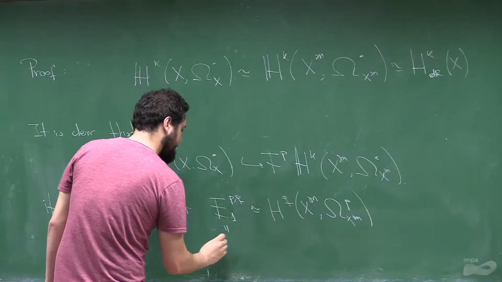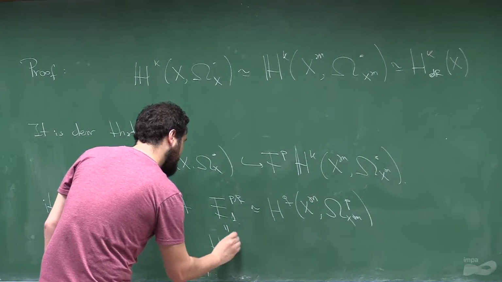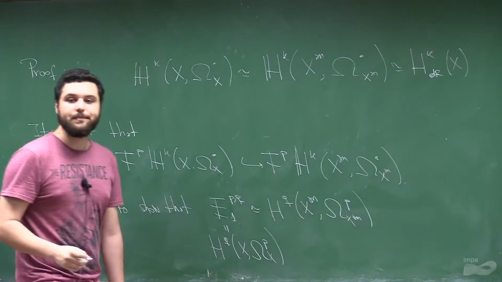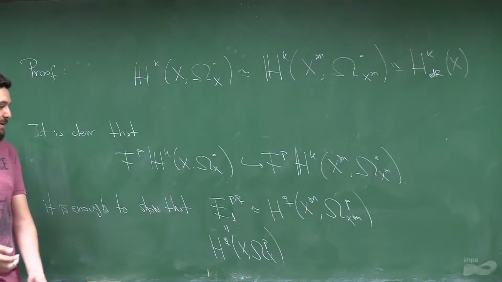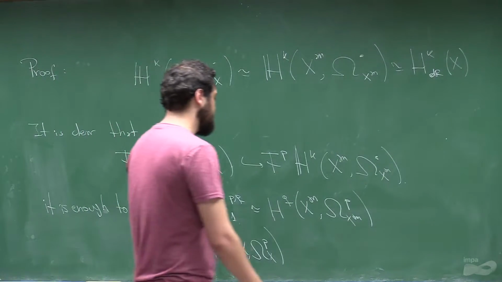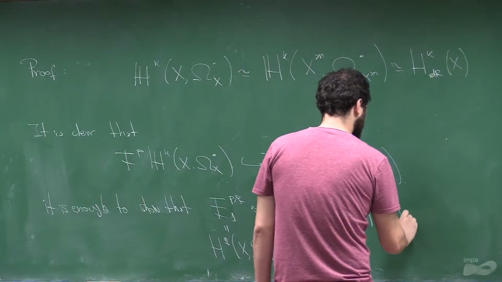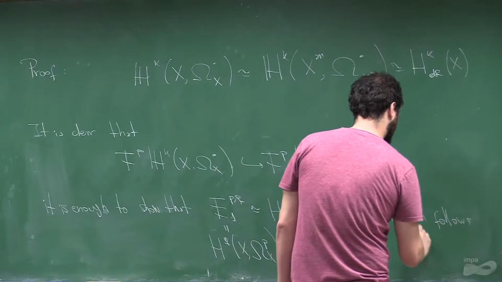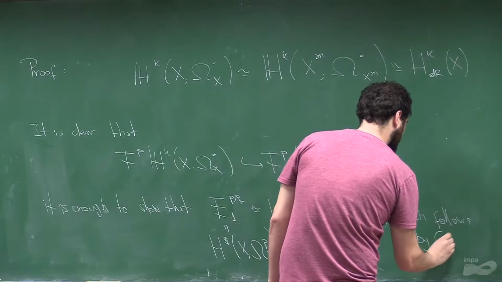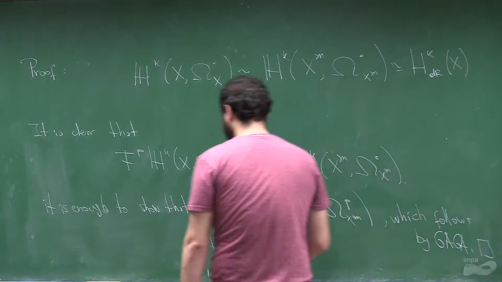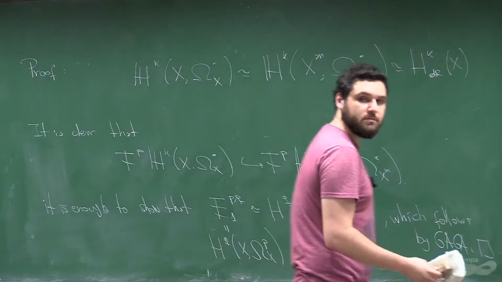But this is H^q of X, Omega^p of X. And this is GAGA.